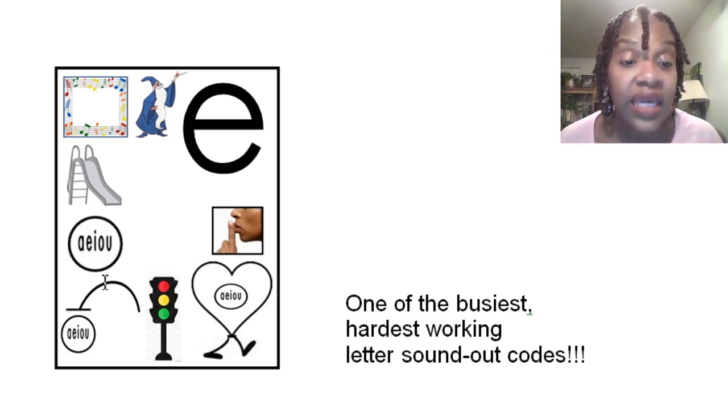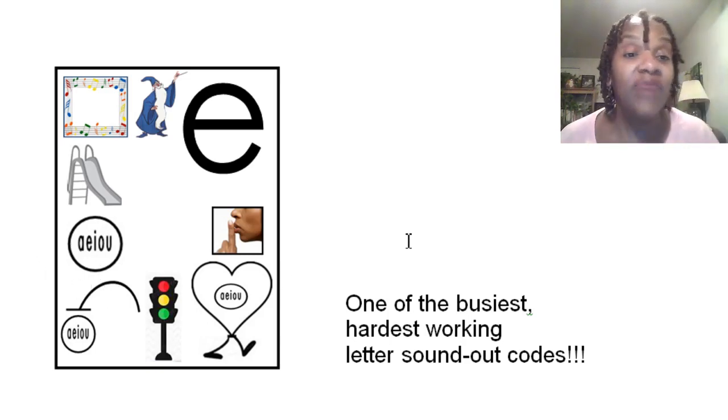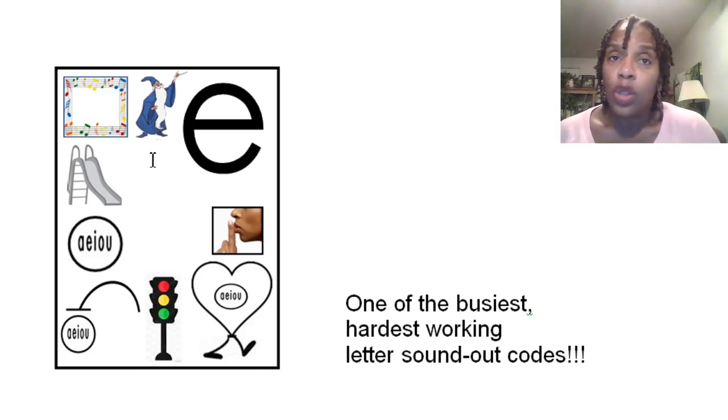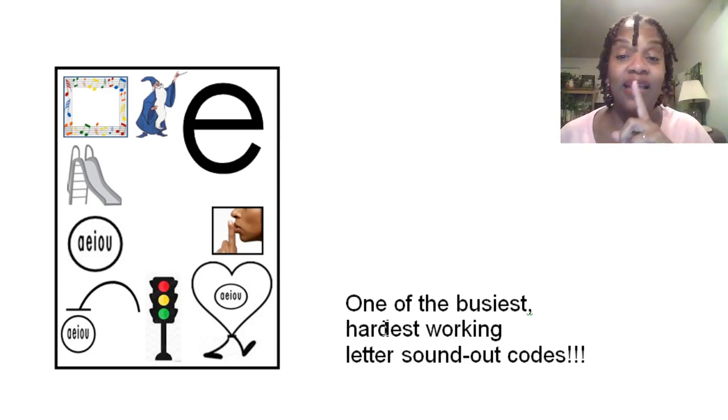It's one of the key vowel sounds, the 5 vowels, A, E, I, O, U. Let's go back up here for a second. It's also a wizard sound. That means it's a deep sound. All right. It's a tagger. It's a signal. It's a part of a 2 vowels go walking, the first one does the talking, and it's silent.